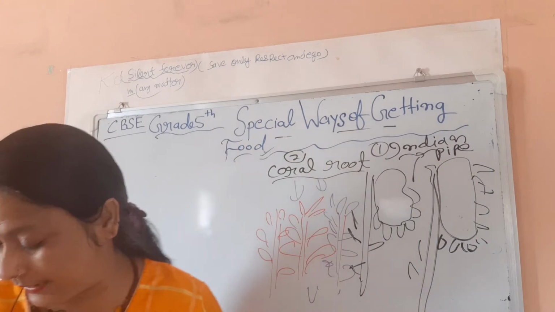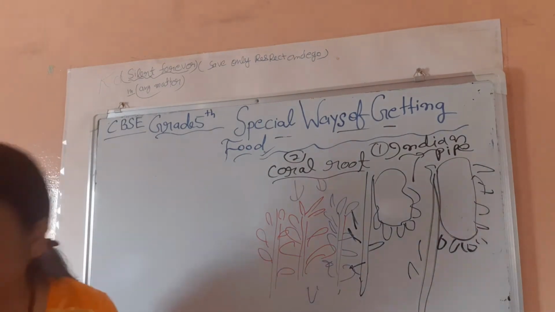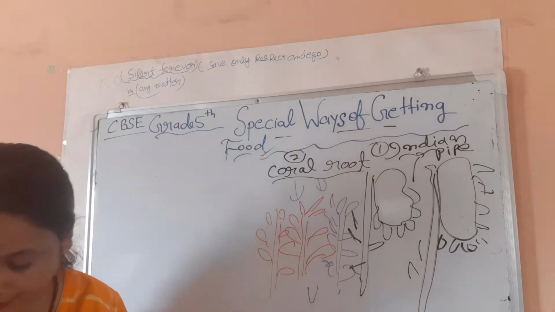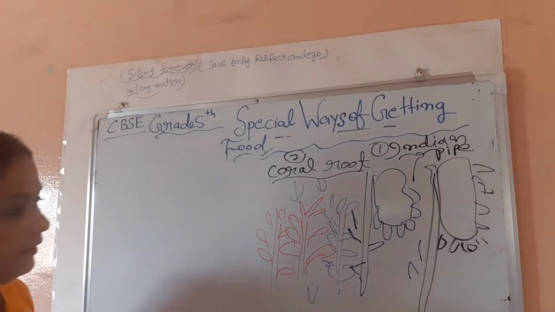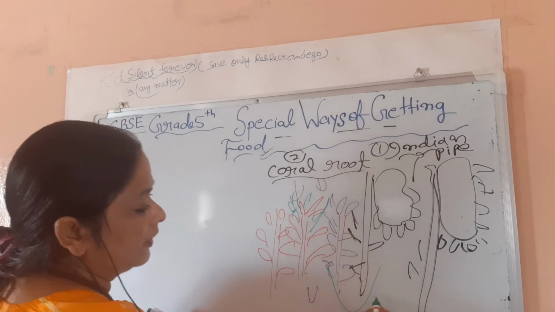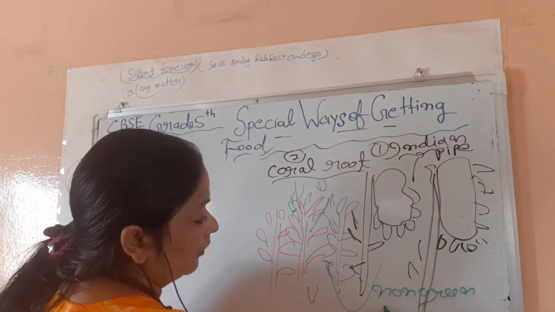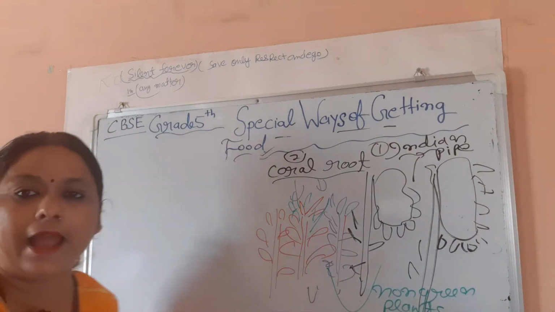So let's start. Firstly, Indian pipe and coral root are non-green plants. So I note the first point here: both are non-green plants. They do not have chlorophyll.